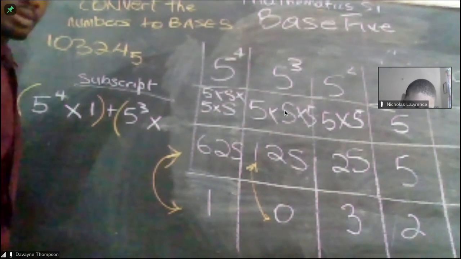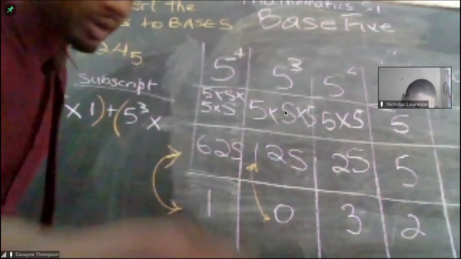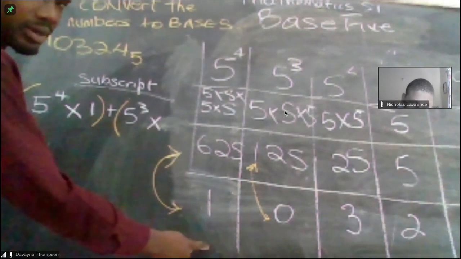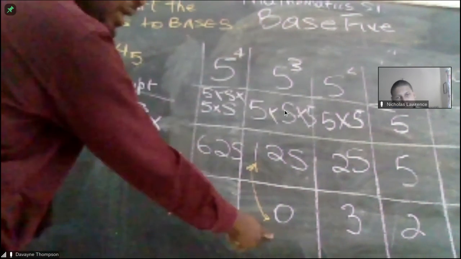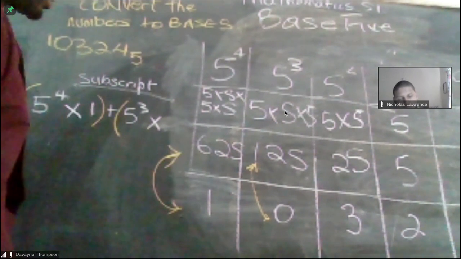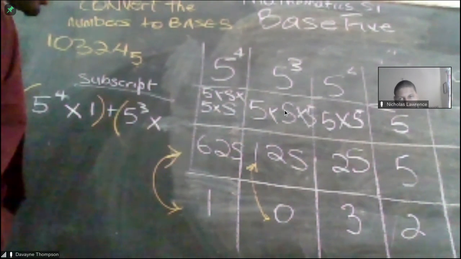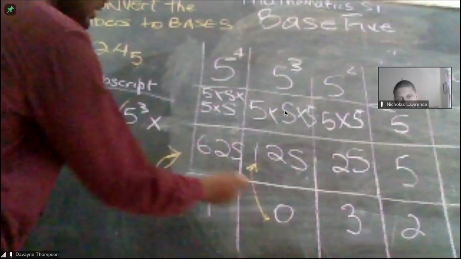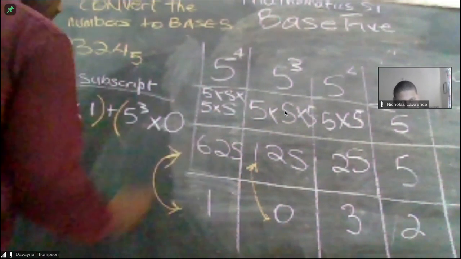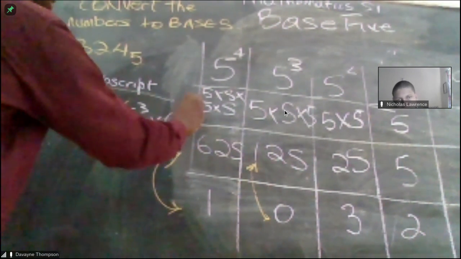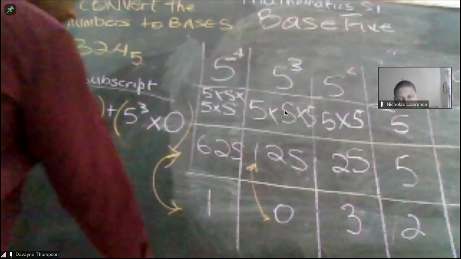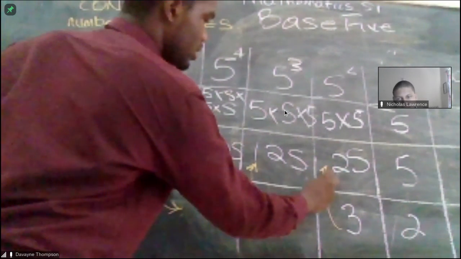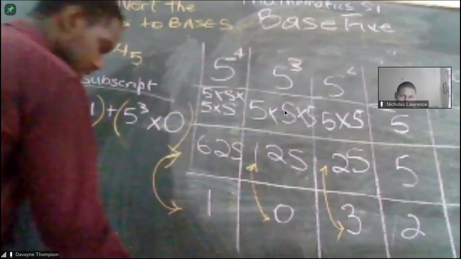Look at it. If I said 5 to the 4 is multiplied by the 1 here, 5 to the 3 must be multiplied by? Look here for me. Is it 0? Yes, just that. Follow the trend. Look at the trend. Nicholas, stick with me. What is in that row?